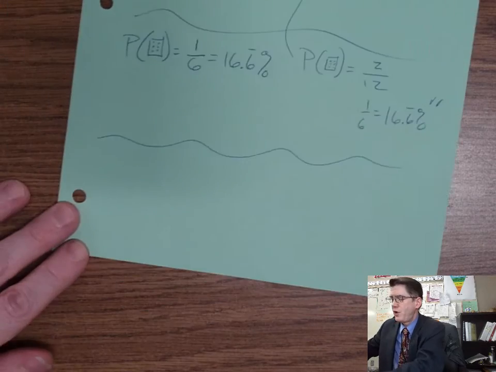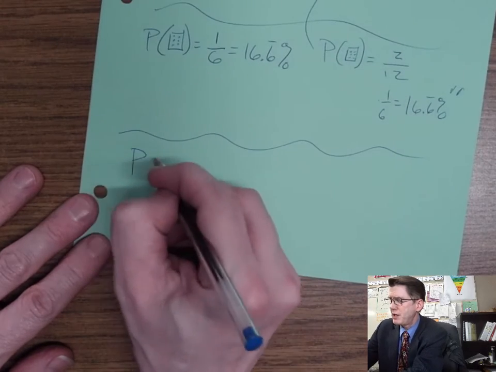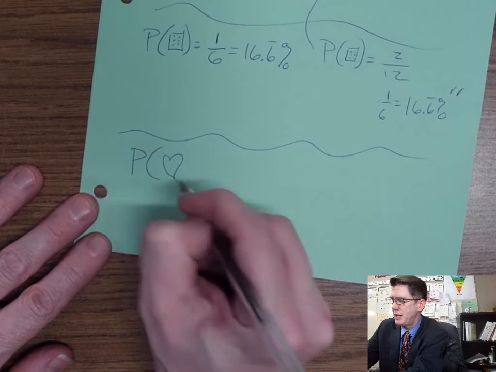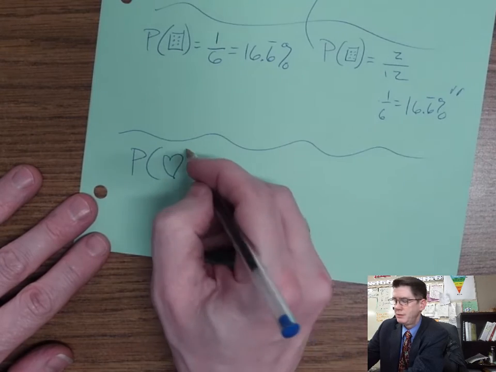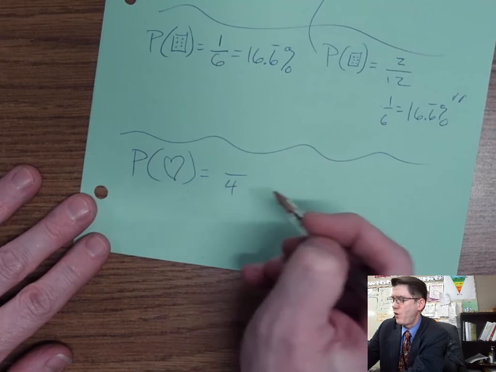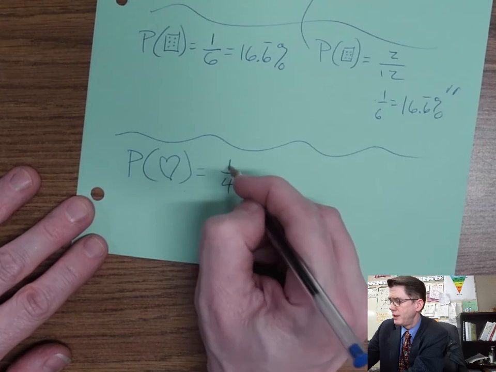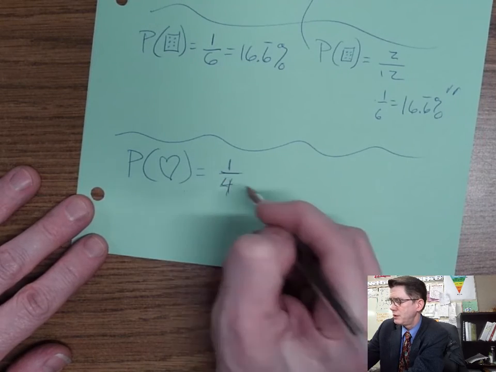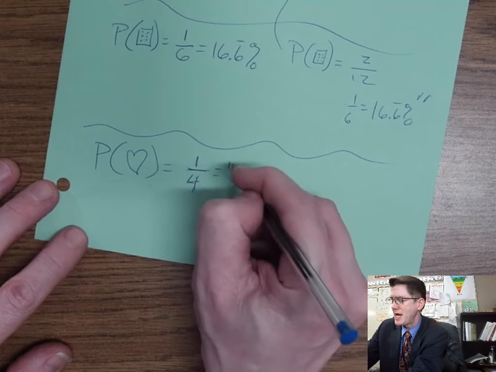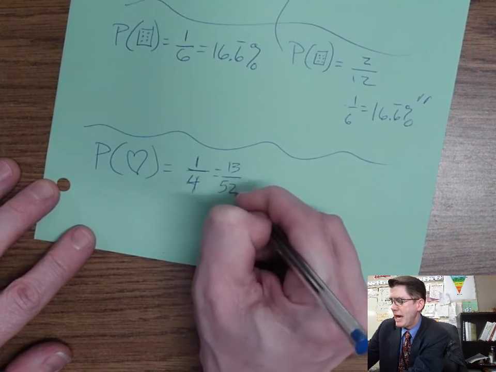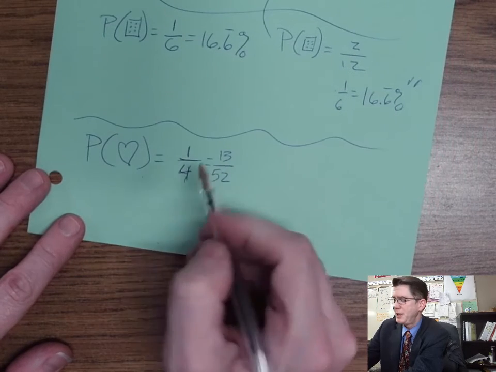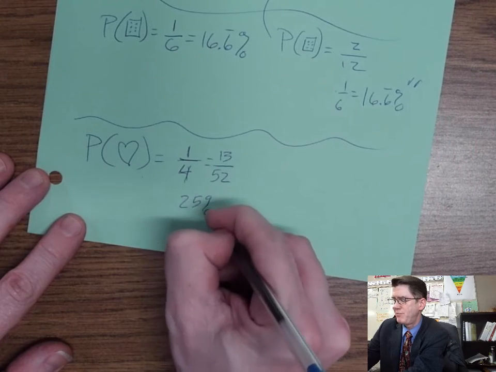If I pick the cards, what's the probability that I'm going to get a heart? Well, there's 4 suits, it's all equal, and one of those suits is a heart. Exactly, there's 13 hearts out of the 52 card deck, but it's the same thing. It all equals 25%.